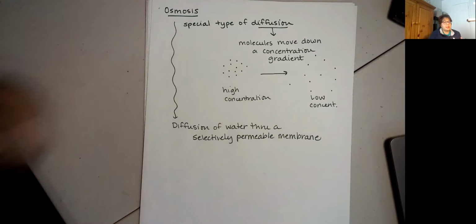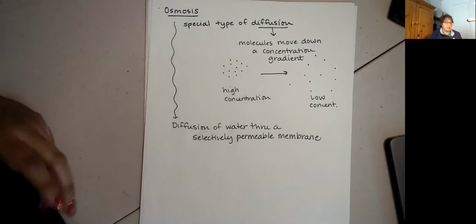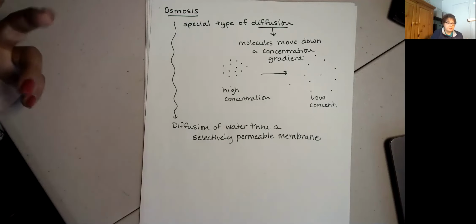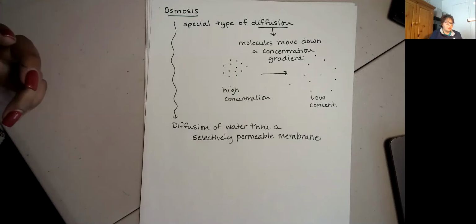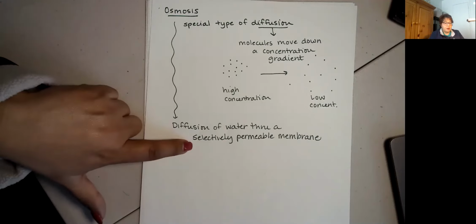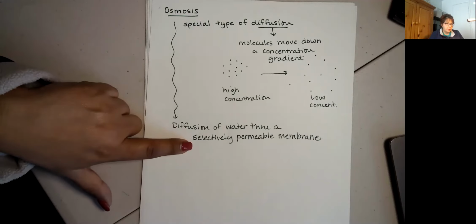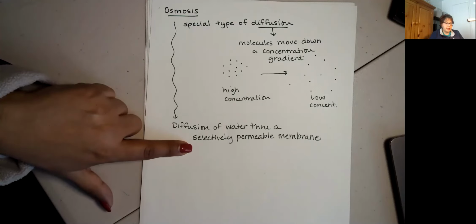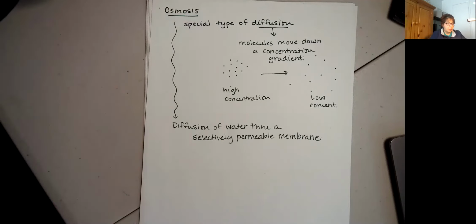So diffusion is a very simple explanation about spreading out, but osmosis is specifically the spreading out of water, and it involves something called a selectively permeable membrane. This is an important concept in biology because a lot of things enter and exit the cell either by diffusion or by osmosis.